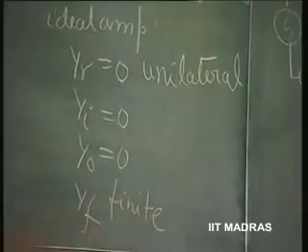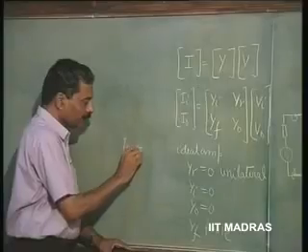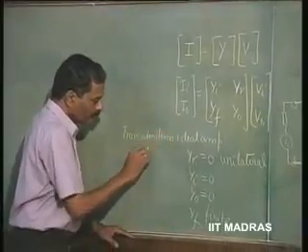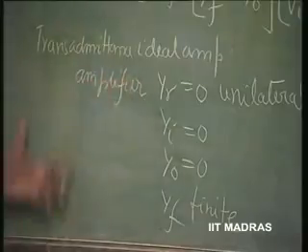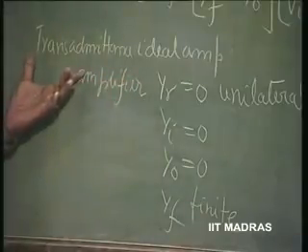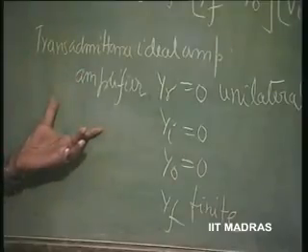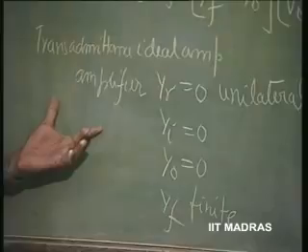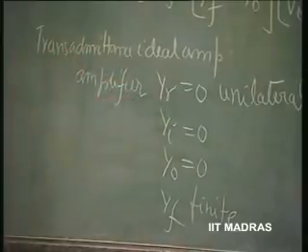And such an amplifier we have called as trans admittance amplifier, which we have earlier called as trans conductance amplifier, as against the Z parameter defined amplifier, which is trans resistance amplifier or trans impedance amplifier. This is called trans admittance amplifier.